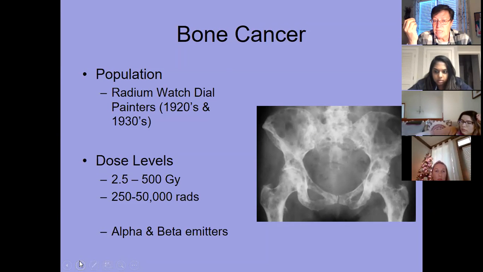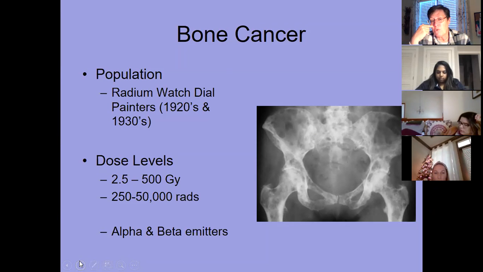Now, the radium watch-dial painters had a wide variety of dose levels, and dose levels anywhere from 2.5 to 500 gray are associated with bone cancers. And the radium is an alpha and a beta emitter. So we're looking at particulate radiations.